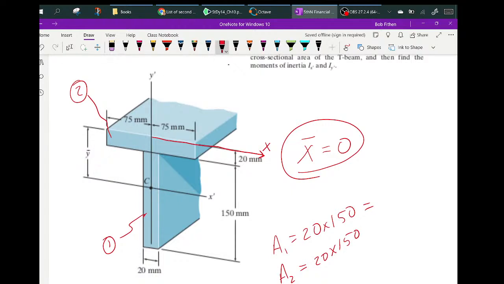If that's the case, the centroid of 1 is right here. The centroid of the other is right down here. This is a distance which is half of 20, which is 10. This is a distance which is 20 plus 75.